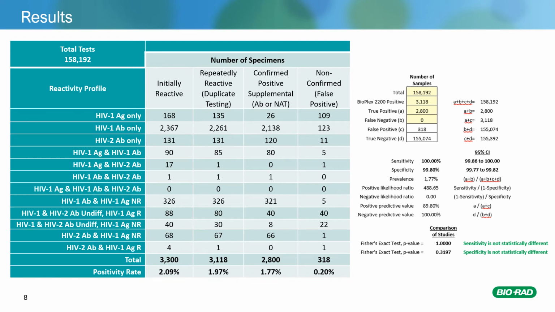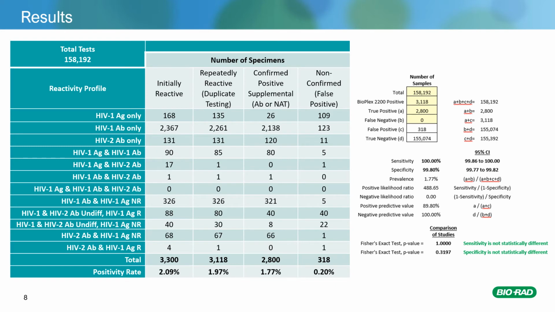Continuing on with our results, in this particular chart, you can see that the overall initial reactivity rate was 2.09%, and upon repeat testing was reduced to 1.97%. Of the 3,118 repeatedly reactive samples, 89.8%, or 2,800 samples, were confirmed HIV reactive by either antibody or NAT testing, which indicates the positive predictive value of the BioPlex HIV assay.